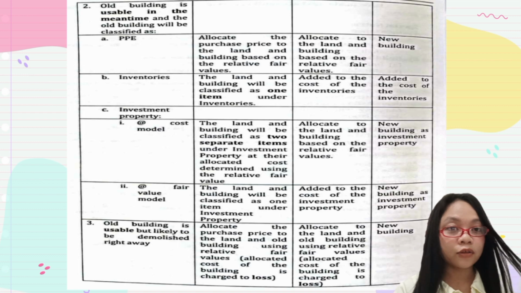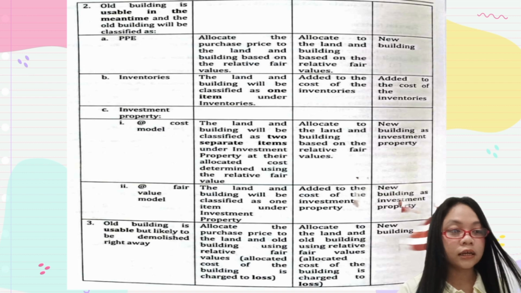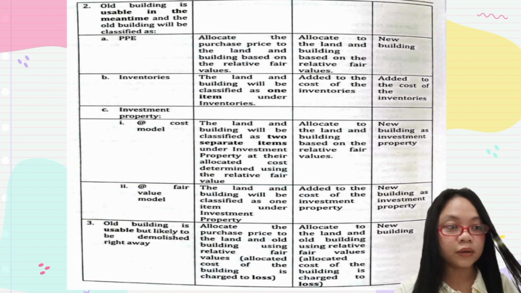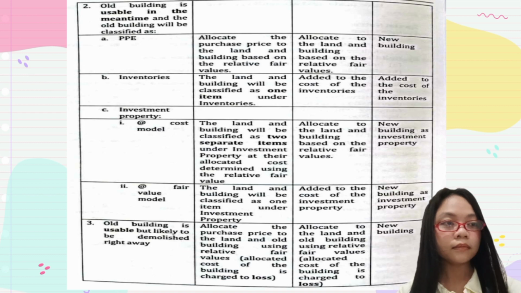So the treatment of other costs or their common costs would be just additional sa overall cost of the land and the building that is treated as investment property. For the net demolition cost, if a new building is being constructed, similar na po sa ganiha, its cost will be treated as part sa investment property.